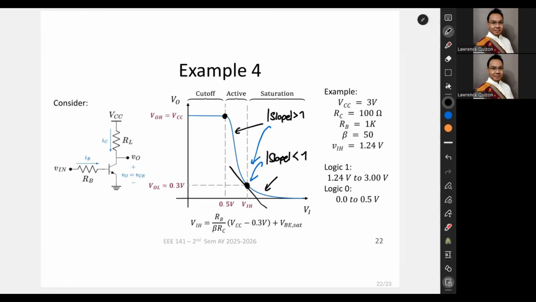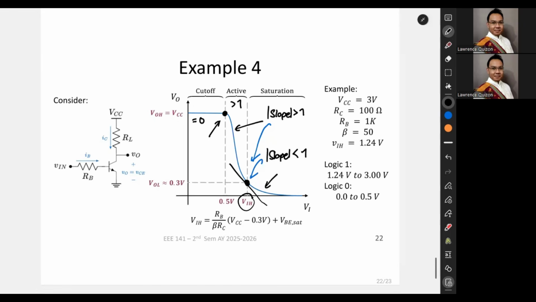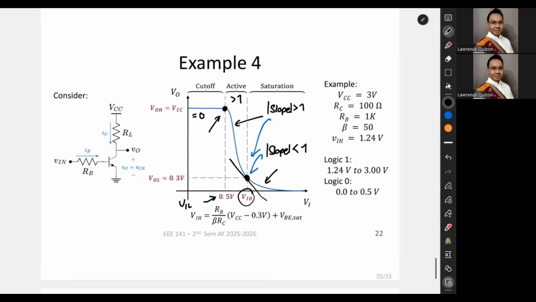This thing has a slope of 0, and this thing has a slope of greater than 1. So the transition has to be here. So we consider this VIH, we consider this VIL, and we consider this VOH, and we consider this VOL.